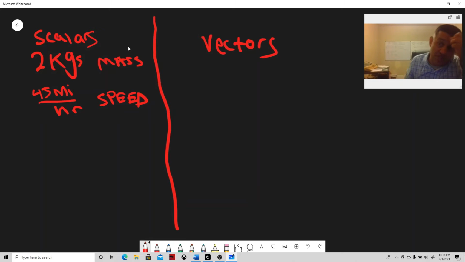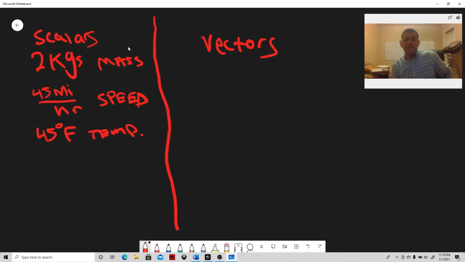This is speed. So it's also a scalar quantity. And then what else? Temperature, so 45 degrees Fahrenheit. Temperature is also a scalar quantity.